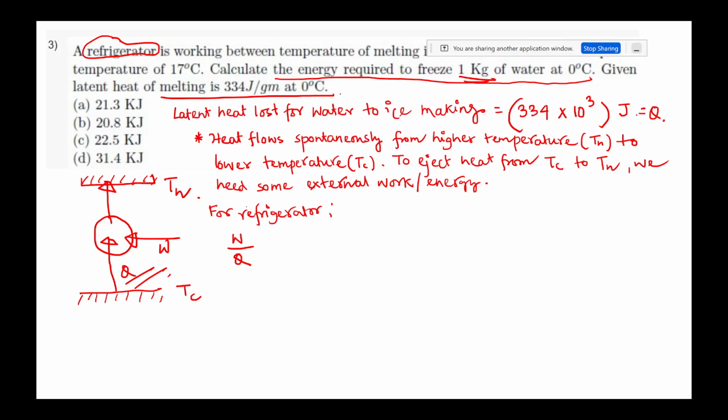This relation is Th by Tc minus 1, right?